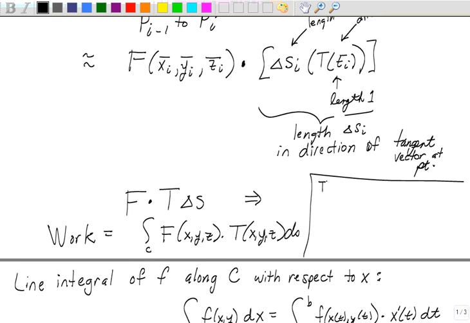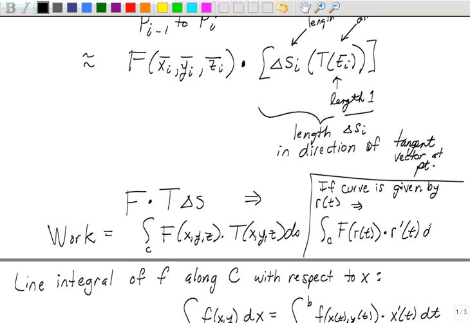And if the curve is given by r of t, the position vector, then we can say that this work is given by this. So either way, you can represent work like this or like that, and they're the same thing. Okay, that's it.